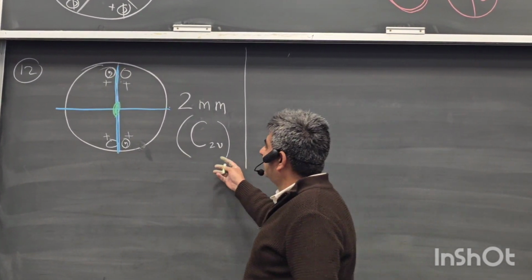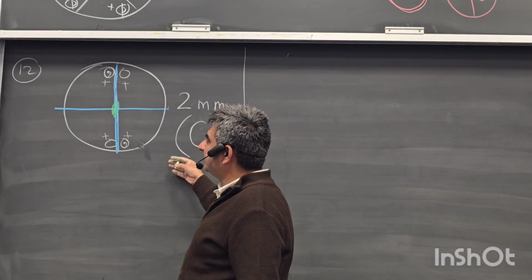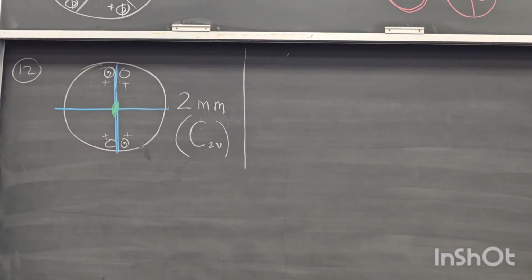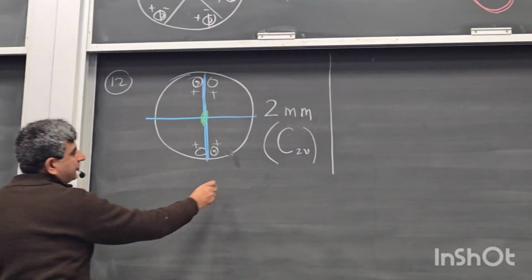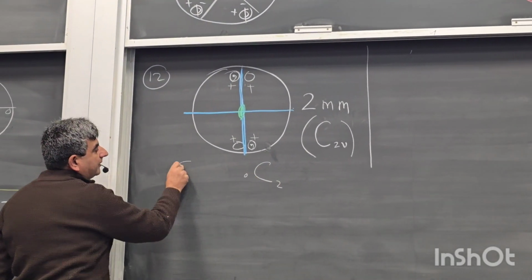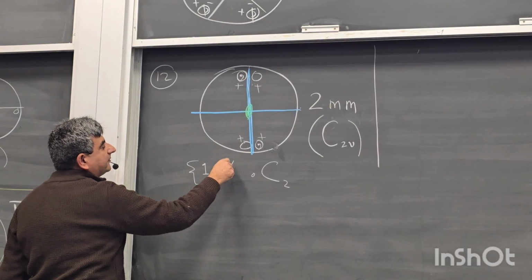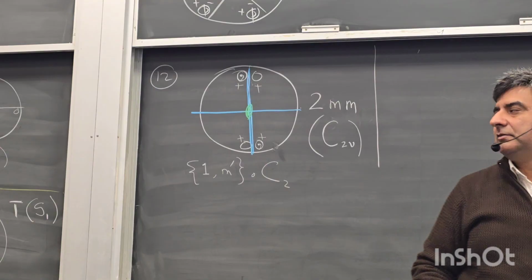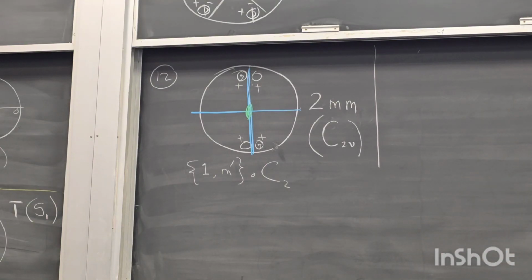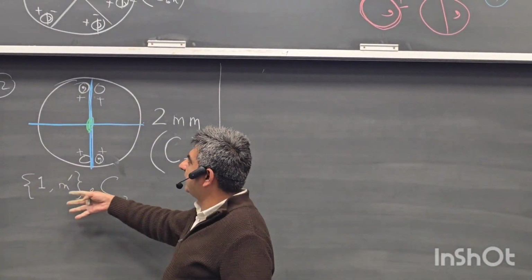So the elements in this group will be all the elements here, which are identity and a 2-fold rotation, C2, followed by 1 and a mirror plane that is vertical. So let's put this prime sign, M prime. Okay, so all the operations will be formed from this configuration.